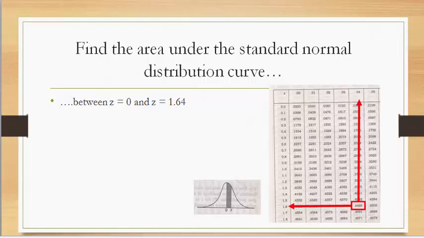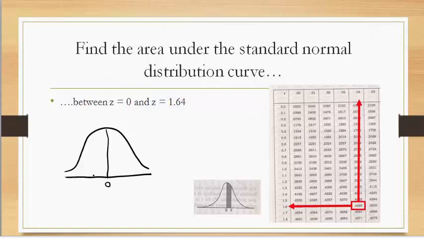We want to begin each problem by drawing a picture of the standard normal distribution curve. Remember that the mean is down the middle, and it's always equal to 0.